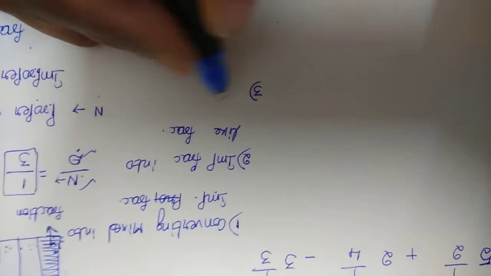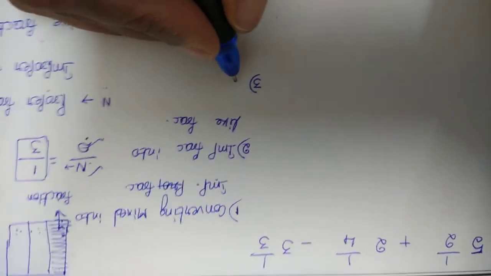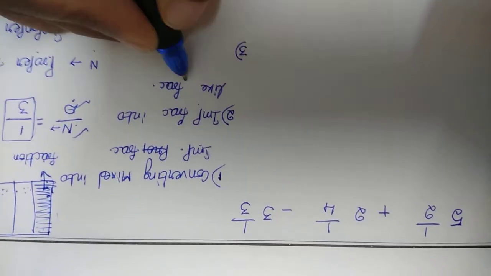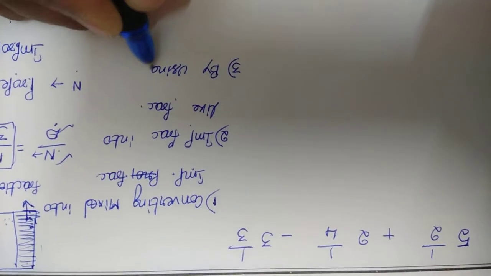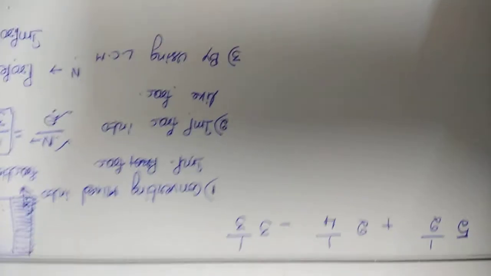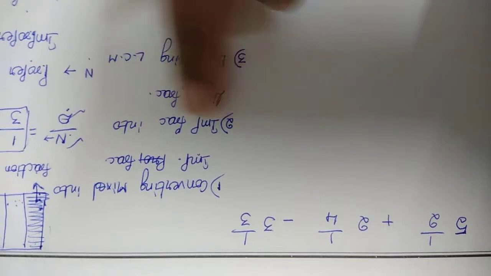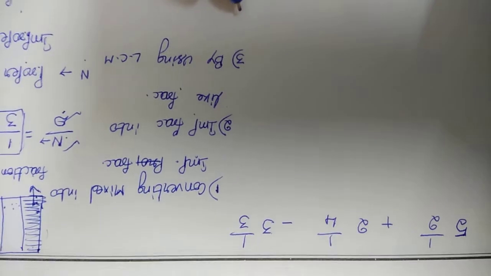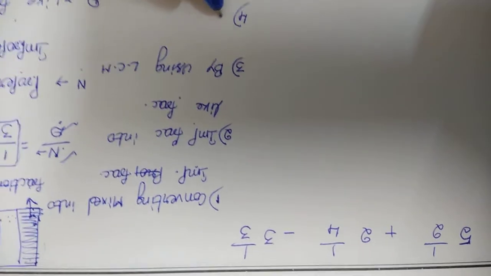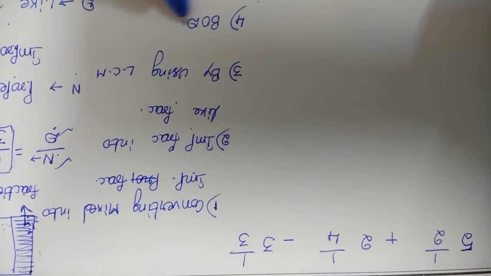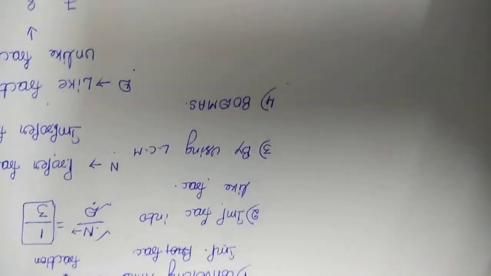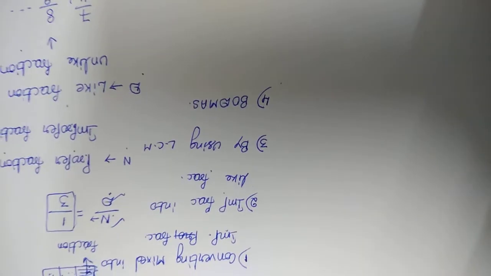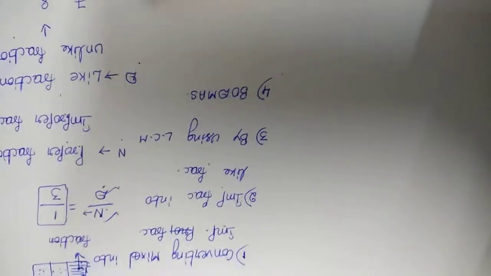Now coming to the third step. After changing to like fractions, how to convert improper into like fractions? By using LCM. Without using LCM, you can't convert an improper fraction into a like fraction. And then based on the BODMAS rule. This is a simple mathematical method to go for the different arithmetical operators.